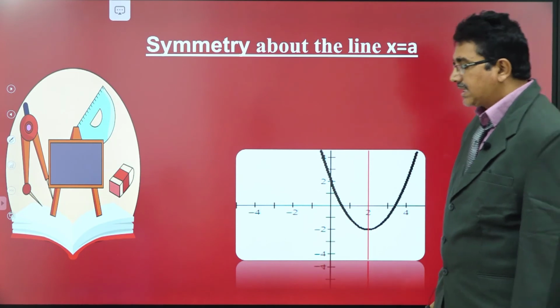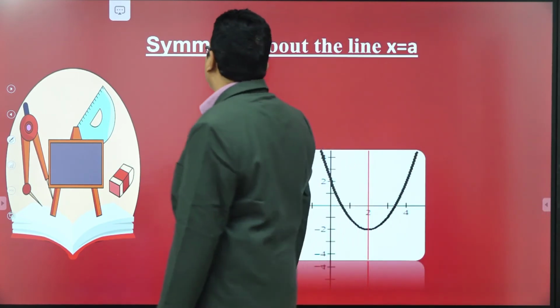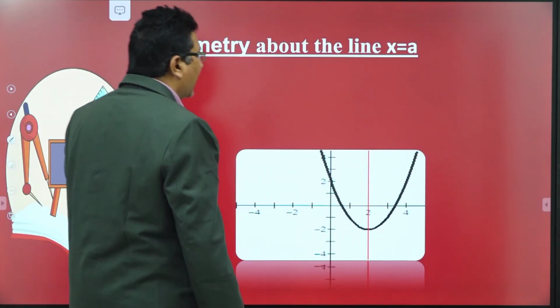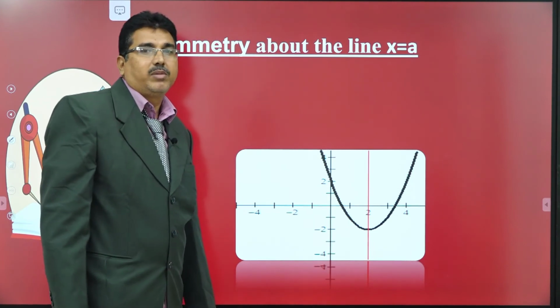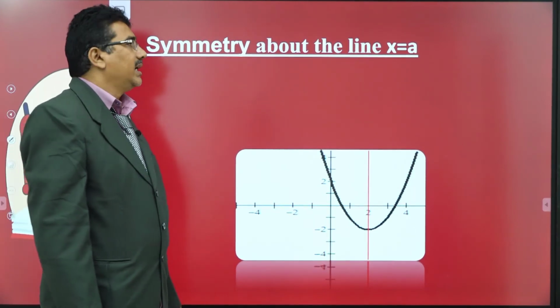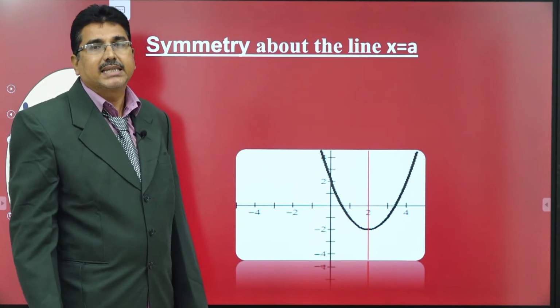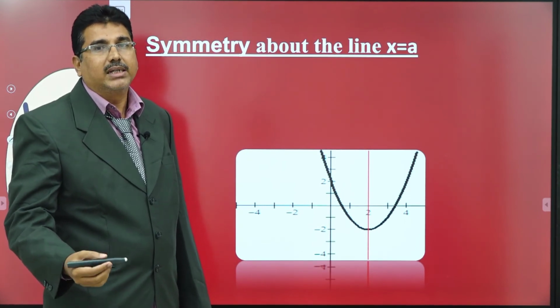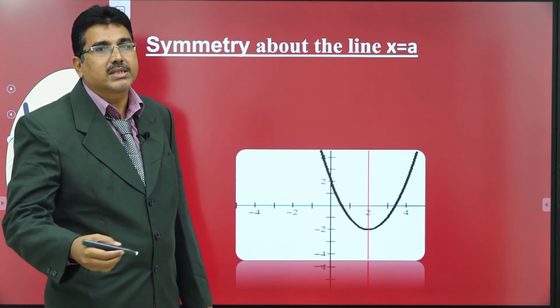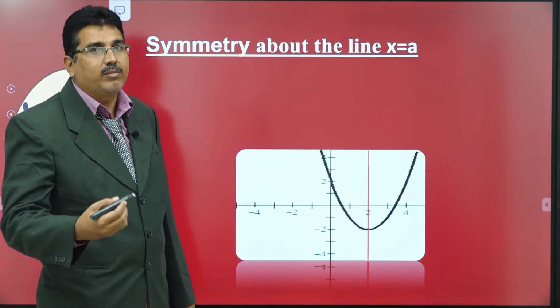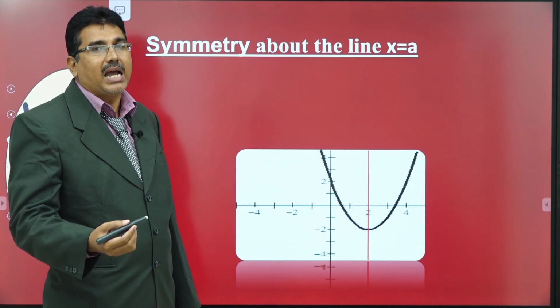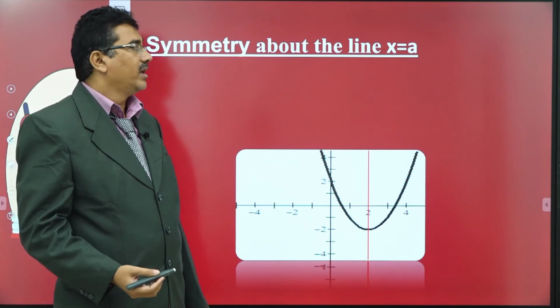Okay, next concept is symmetry about the line x equals a. Previously, I said that the graph of an even function is symmetric about the y-axis. We can also say that the graph is symmetric about the line x equals 0.